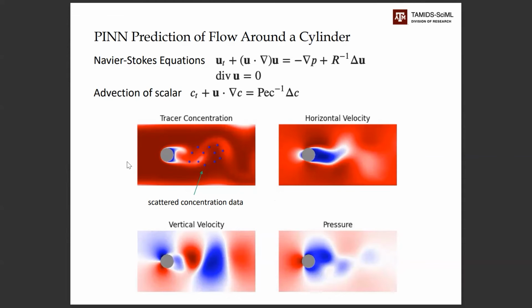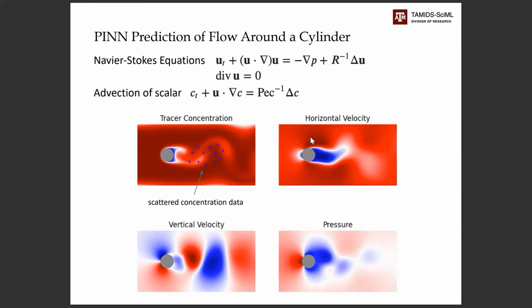You're seeing the output of a neural network. Each of these neural networks has 4 outputs, and it calculates these 4 fields. If you want to see the movie, you can go to our website, and the movie is there.